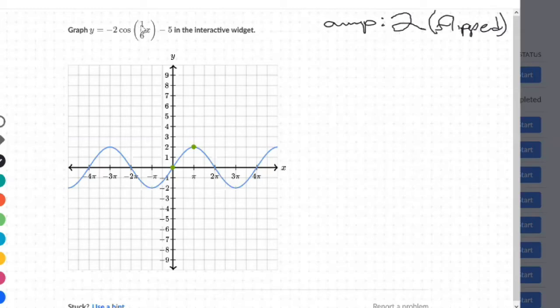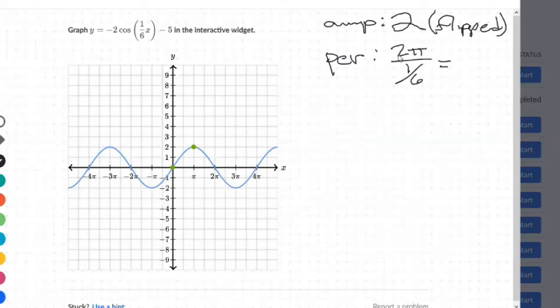In this one, I have to do the same thing I did before. I take the period, I calculate that out by taking the normal period of the graph, which is 2 pi for cosine, and divide by 1/6. That's copy dot flip, so 2 pi times 6/1, which is 12 pi. Wow, that is a long one.